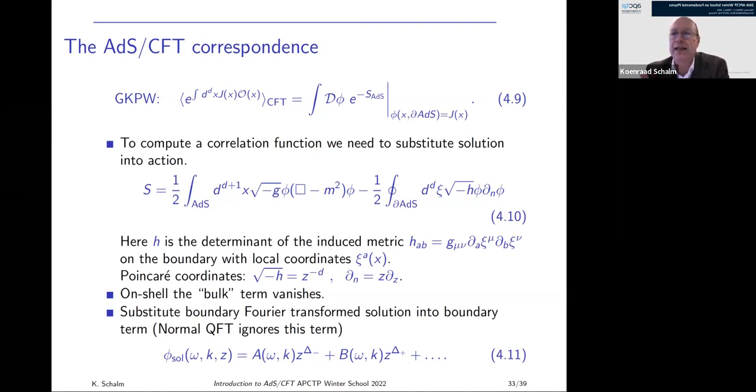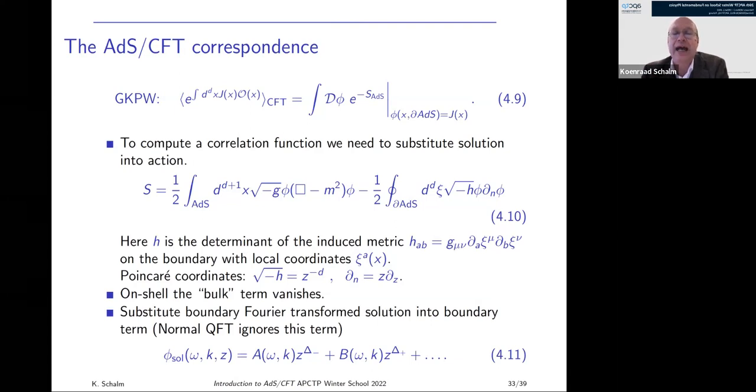general way, in the way you would learn in general relativity, where you have an arbitrary coordinate system. And this boundary itself can also have an arbitrary coordinate system. And h is the determinant of the induced metric on the boundary once you have a coordinate system in the bulk. So psi are the local coordinates on the boundary, and the metric on the boundary is not independent, but it's related to the metric in the bulk in this way.